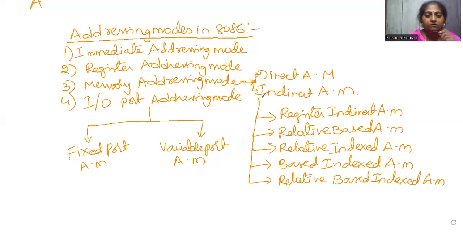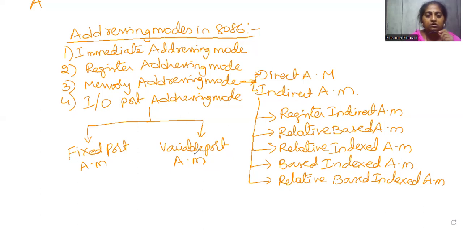This indirect addressing mode is further divided into five types: register indirect addressing mode, relative based addressing mode, relative indexed addressing mode, based indexed addressing mode, and relative based indexed addressing mode. And the fourth type, IO port addressing mode, is further divided into fixed port addressing mode and variable port addressing mode.